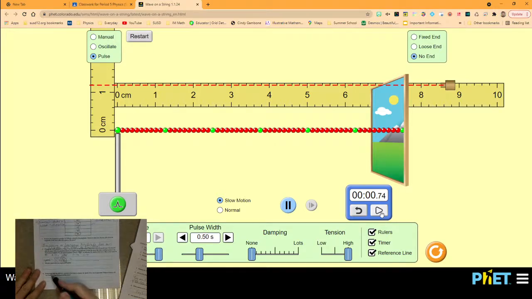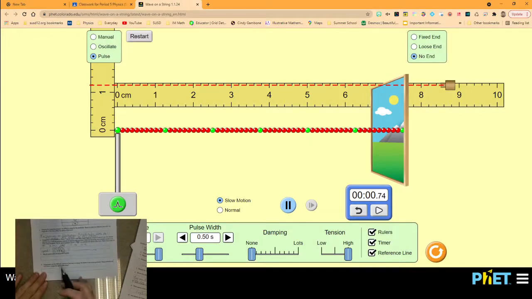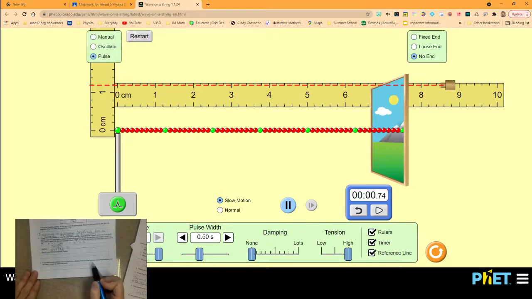Number 5. Was the speed what you expected? And number 6, experiment with the different controls to find ways to change the speed of the waves generated.